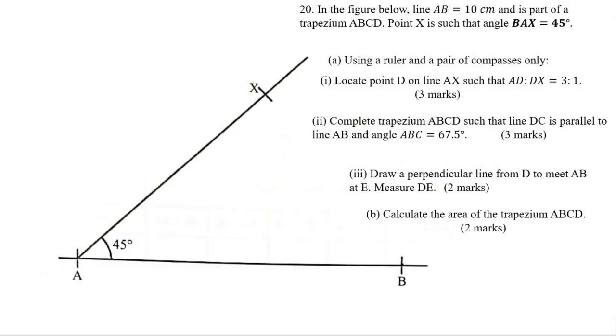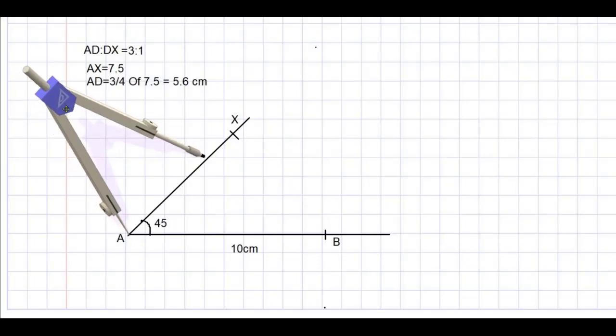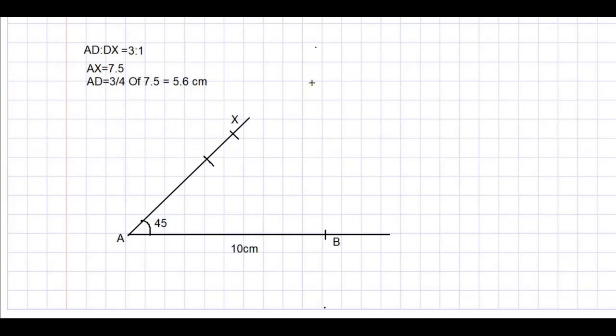We also need to calculate the area of the trapezium ABCD. This is the ratio in which D divides AX, that is 3:1. So AD will be 5.6 from the ratio given.